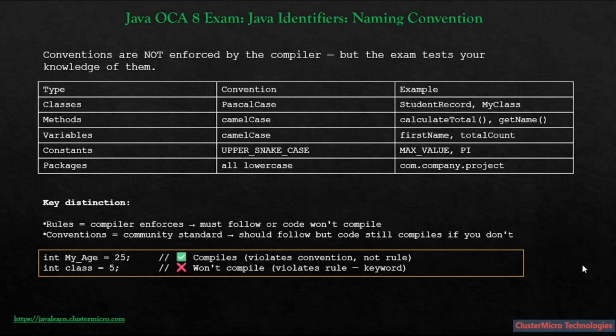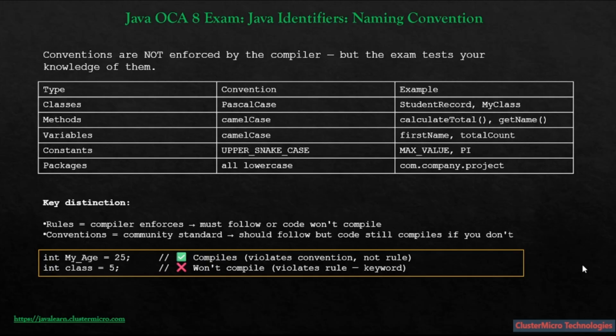For packages, it will be all lowercase, like com.company.project, right? So one thing we have to understand is that these are all naming conventions. These are not rules, so the compiler won't enforce them. You can have an int variable starting with a capital M. The convention is lowercase, but you can start with uppercase. The compiler will not complain here.